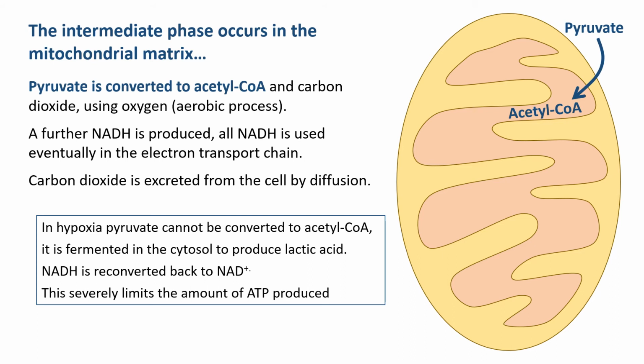NADH, because we now don't need it for the electron transport chain, since that also needs oxygen, is reconverted back to NAD+. And of course, this is going to severely limit the amount of ATP produced. And often in hypoxia, it's when we will start to hydrolyze more of those bonds, so we might get down to AMP rather than ADP.